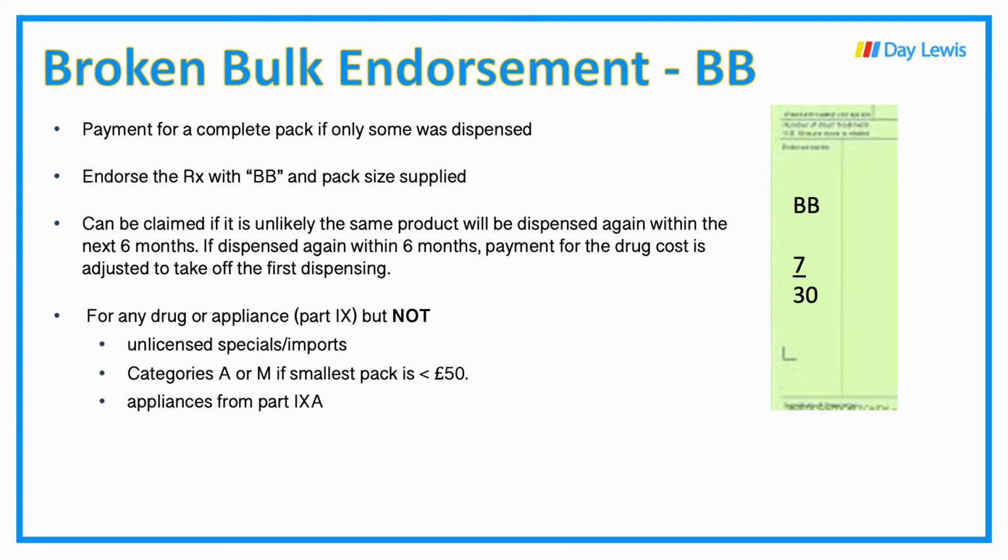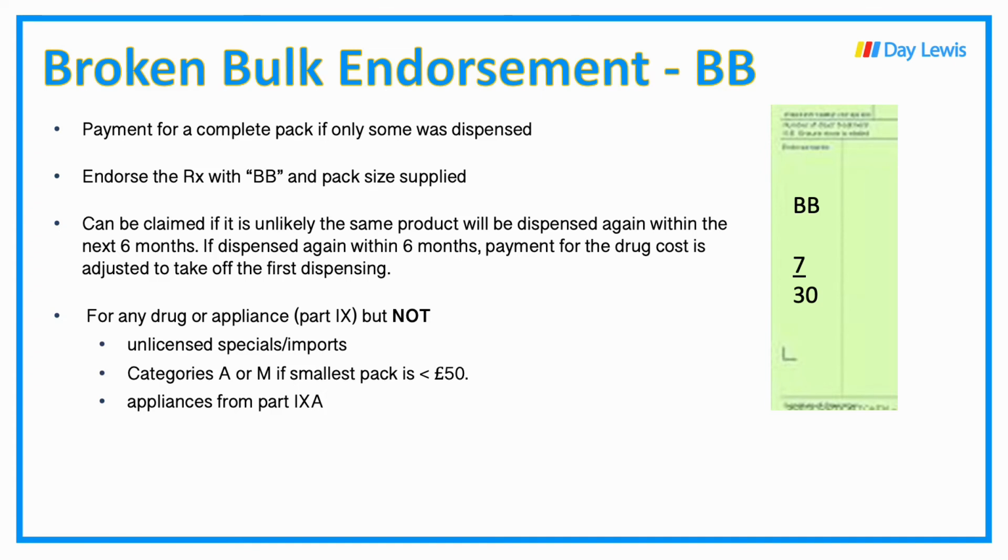So items that wouldn't be included in this is anything that you are likely to keep dispensing throughout your day-to-day work, or if it is dispensed again within 6 months. So then the drug cost is adjusted and taken off the first dispensing.